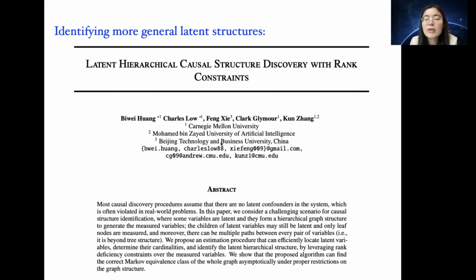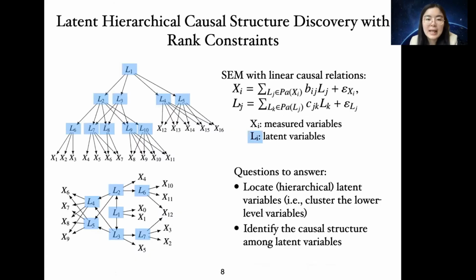We want to make better use of rank deficiency constraints to identify more general latent structures. Let's first see the big picture. In this work, we assume each variable satisfies a linear causal model, whether it is a measured variable or a latent variable.